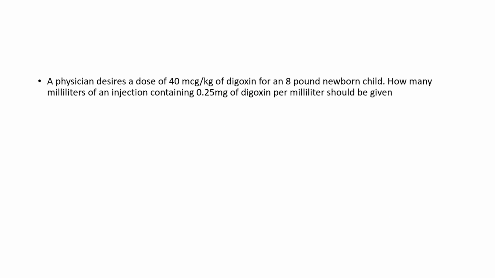Next, a physician desires a dose of 40 micrograms per kilogram of digoxin for an 8-pound newborn child. How many milliliters of an injection containing 0.25 milligrams of digoxin per milliliter should be given? Okay, so the dose is 40 microgram per kilogram. Next is an 8-pound newborn baby.